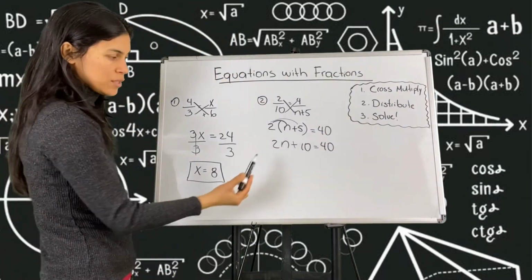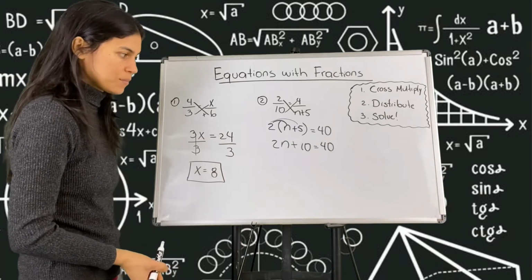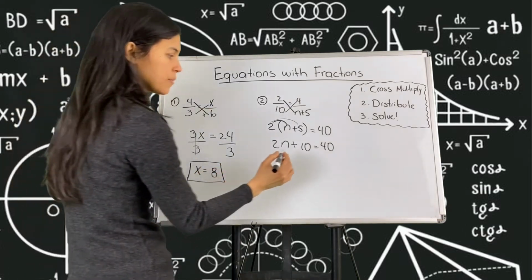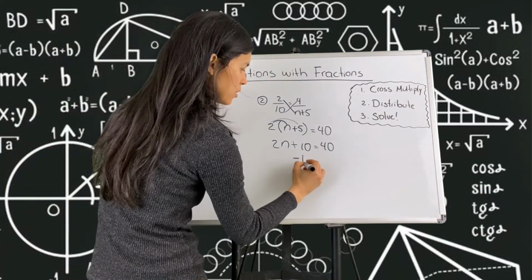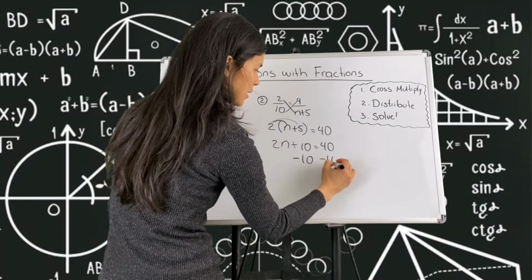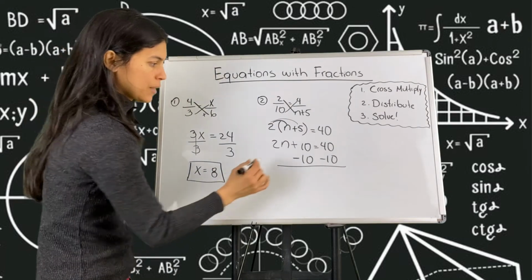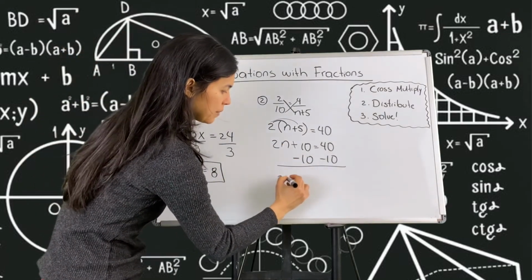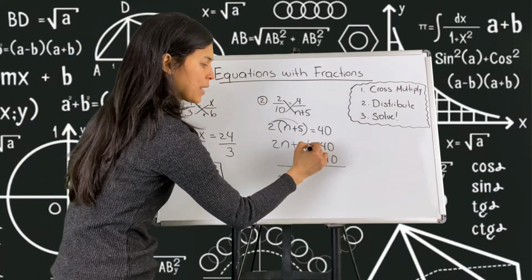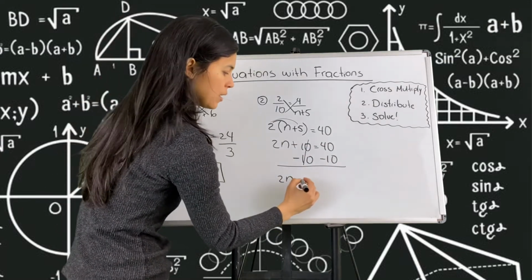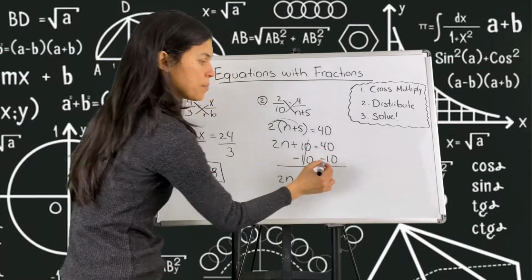Now I have my equation and I can solve for n. First thing we undo, let's take away those 10 on both sides because I want to leave the n by itself. Let's bring down the 2n here. Plus 10 minus 10 cancel each other, and this is equal to 40 minus 10.